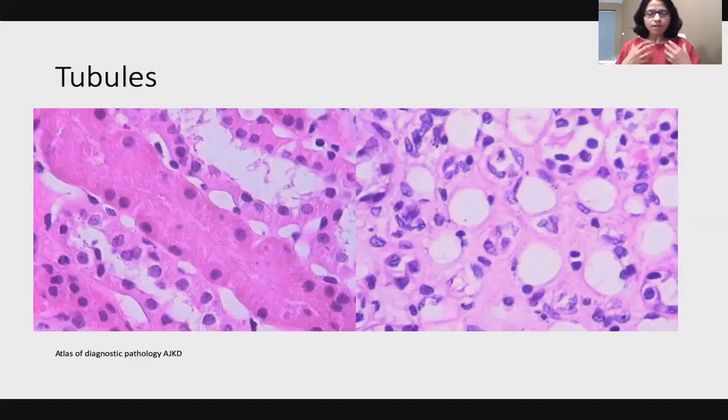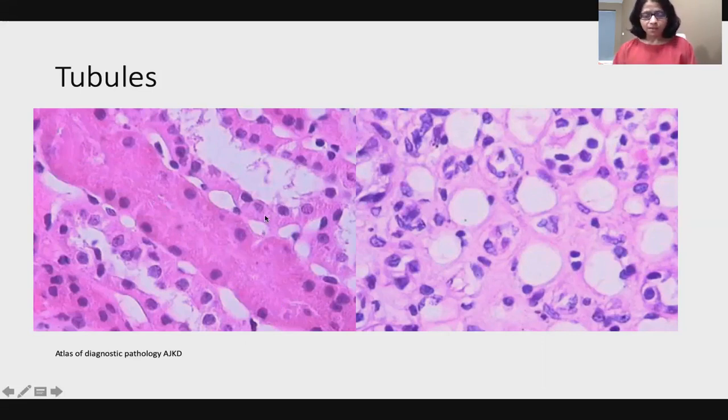The tubules that we can identify in the cortex are your proximal tubules and your distal tubules. The proximal tubules have a nice, tall lining of cells which are columnar to cuboidal, showing granular cytoplasm and very little lumen visible.